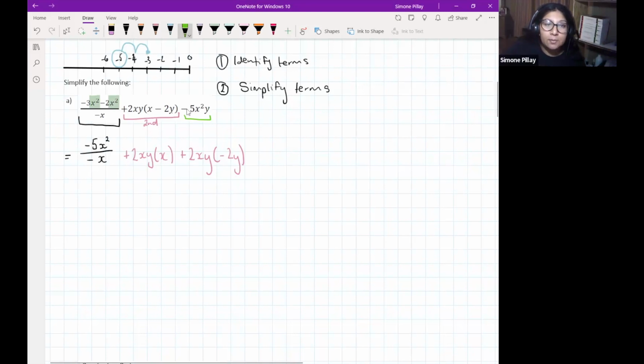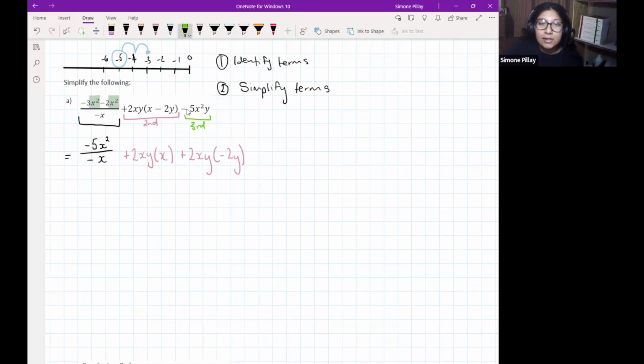If we now look at my third term over here, is there anything that I can do to simplify this term by itself? Well, when I look at it, it's multiplication. It's saying negative 5 times x squared times y. Although it's multiplication, that means my exponent rules apply, but there's no rule that actually applies here because none of them are the same base.